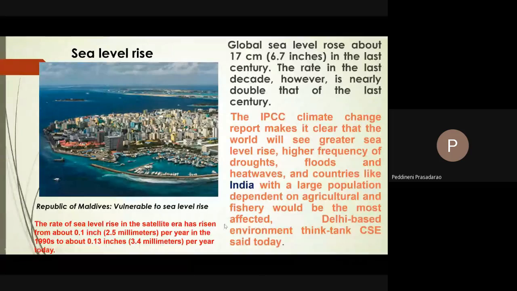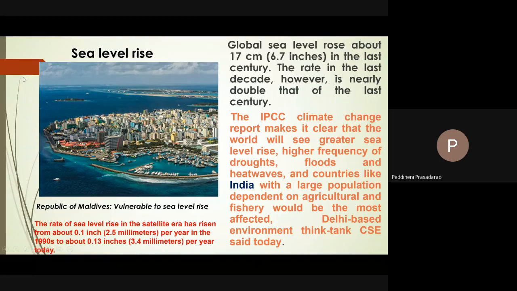This report by the IPCC and also our Delhi-based environment think tank, CSE, has made it very clear that this sea level rise will be disastrous to some of the countries, of which India is one.